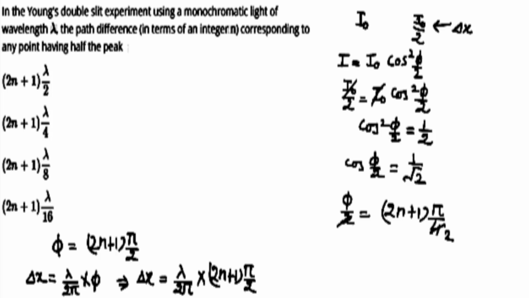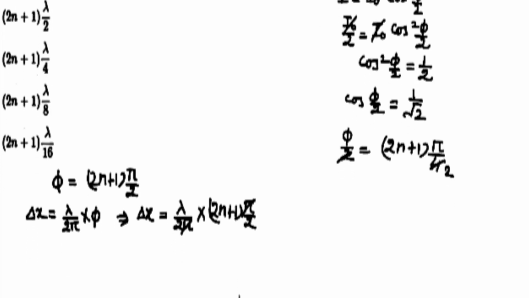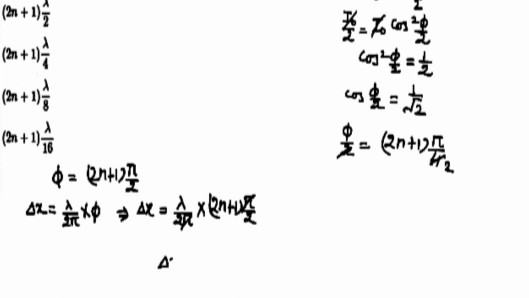This pi will cancel out, so delta x is equal to 2n plus 1 lambda by 4. So the path difference in terms of integer is 2n plus 1 lambda by 4 here.